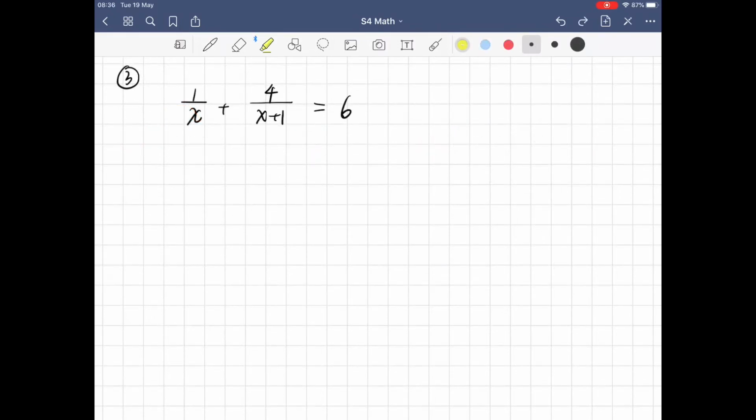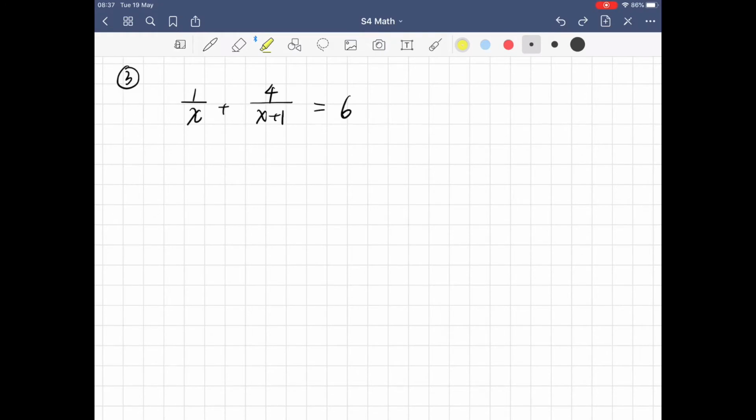So for the third situation, we have 1 over x plus 4 over x plus 1 equals 6. So again, we want to remove the fraction as well as the denominator. So in order to achieve this, what should we multiply on both sides? Okay, and the answer is it is similar to the first case.